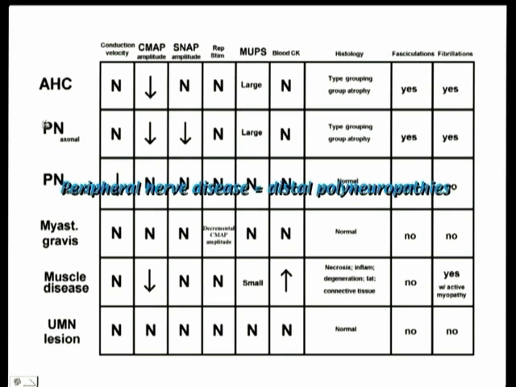Now, in the case of peripheral nerve damage, especially if the axis cylinder or the axon is damaged, if you look at the conduction velocity of an axonal peripheral nerve problem, the conduction velocity is going to be normal because the alive ones are going to camouflage for the dying ones. The compound muscle action potential is going to go down because the axons are dying and you can't turn on as many muscle fibers.